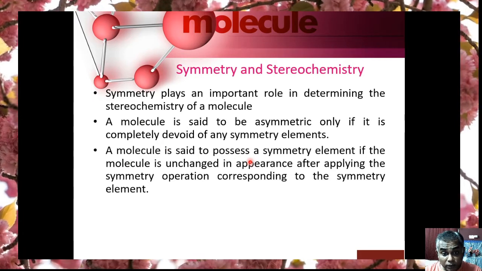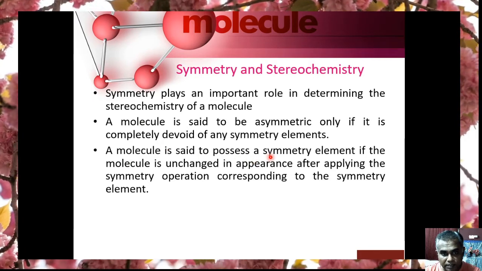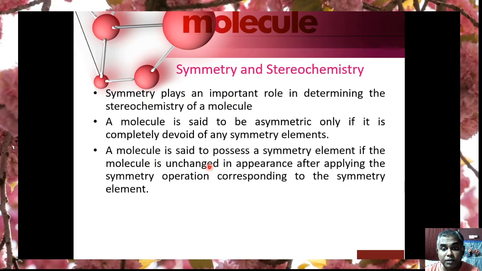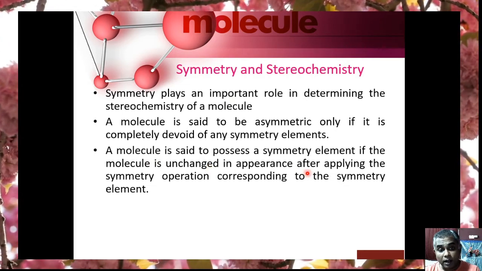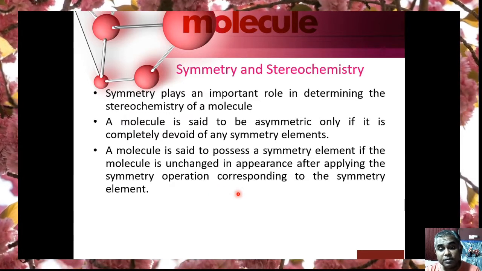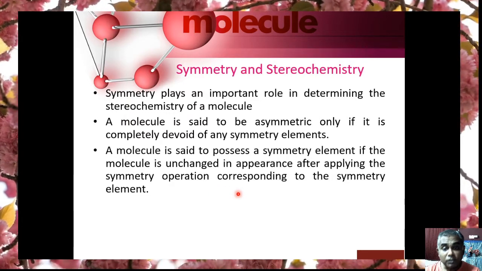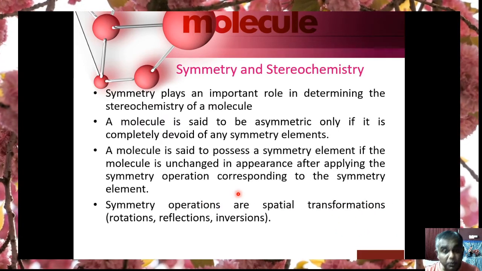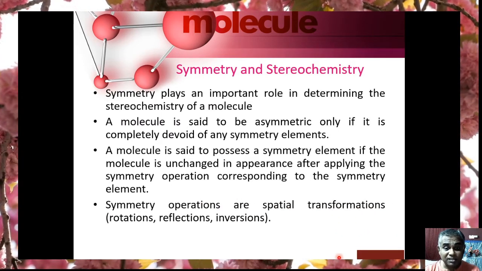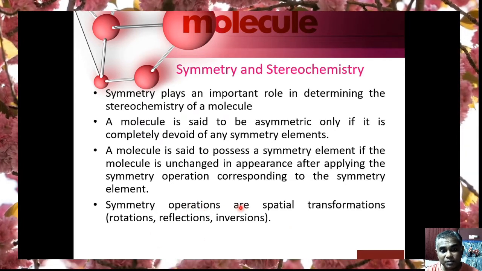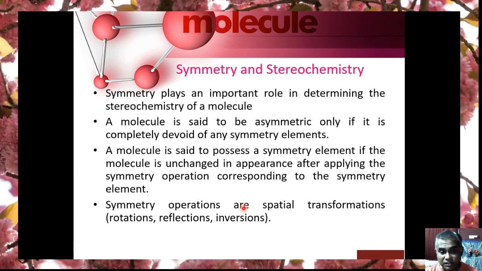A molecule is said to possess a symmetry element if the molecule is unchanged in appearance after applying the symmetry operation corresponding to the symmetry element. Okay, so we are going to see how all these things are going to happen in our molecule, but let us understand that symmetry operations are spatial transformations.